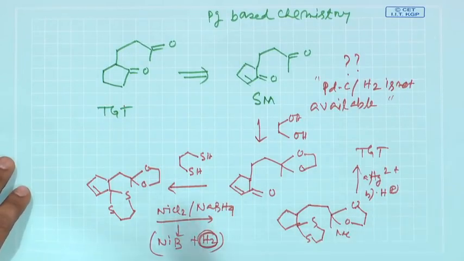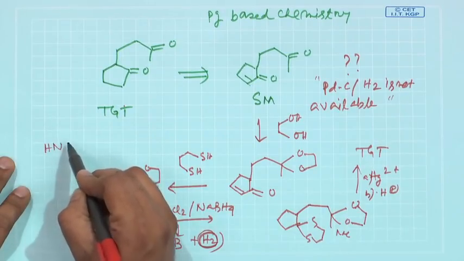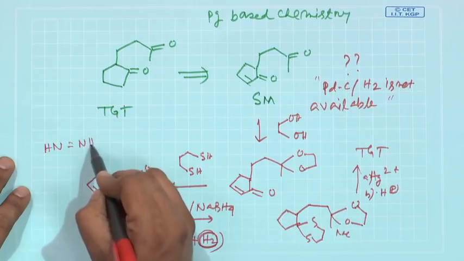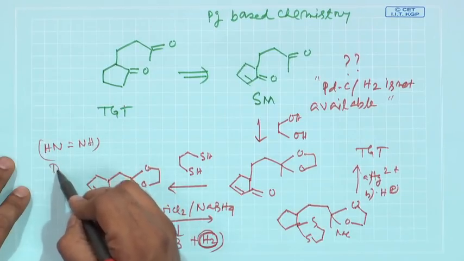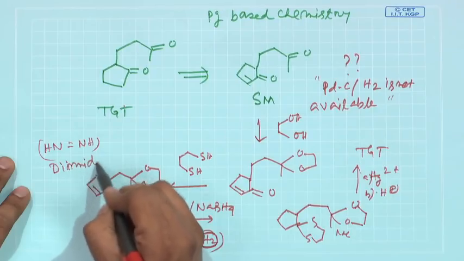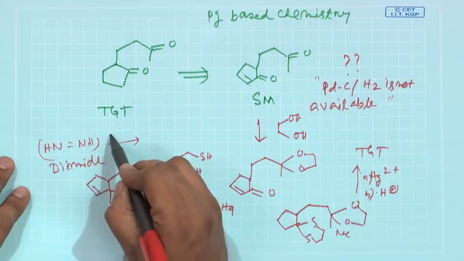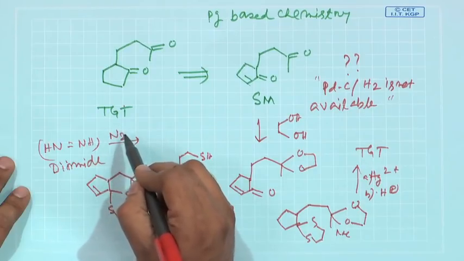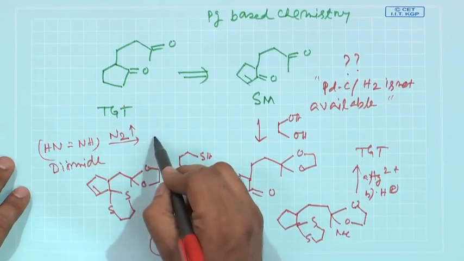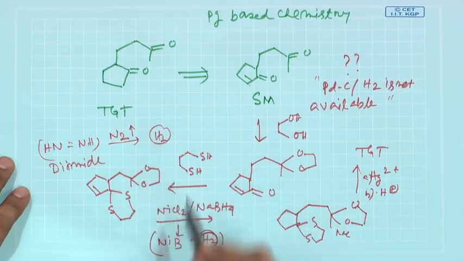There are other ways also. You can reduce this compound through diimide reduction. This is also a source of hydrogen, diimide. Diimide, which is basically this compound, under the reaction conditions gives you nitrogen as a gas, and as the hydrogen was there, this hydrogen causes the hydrogenation reaction.